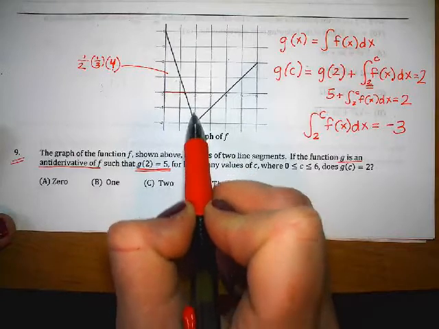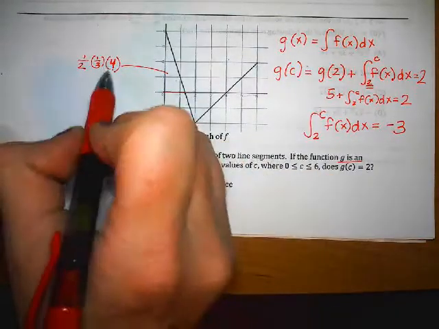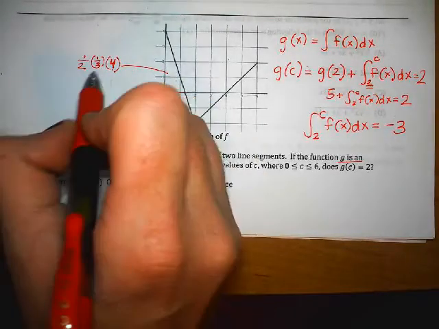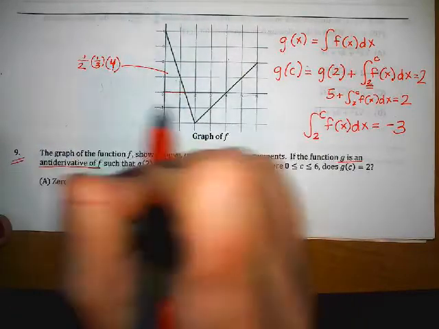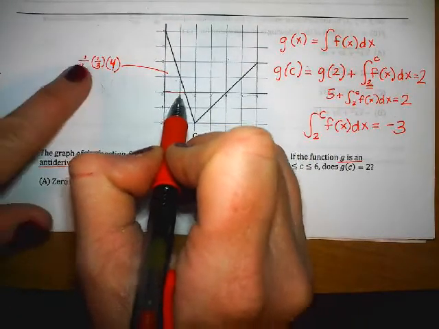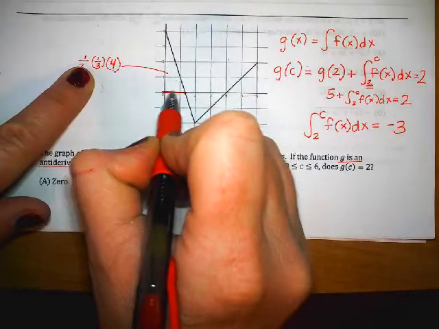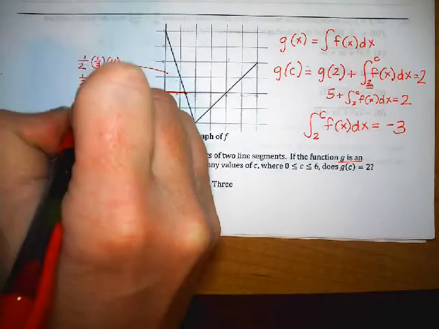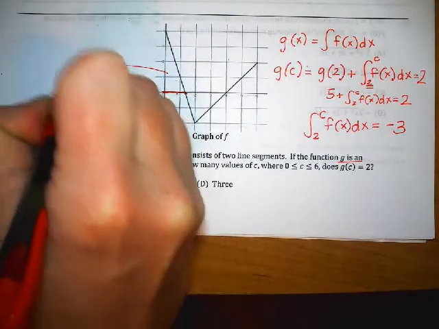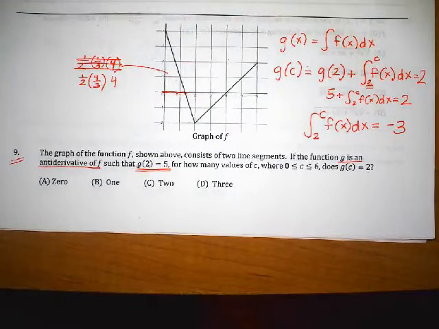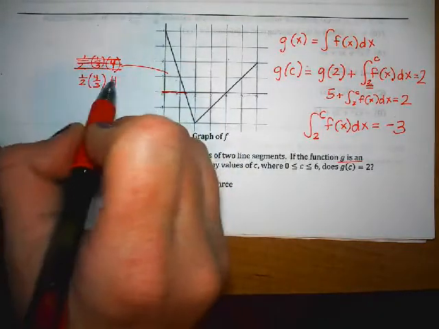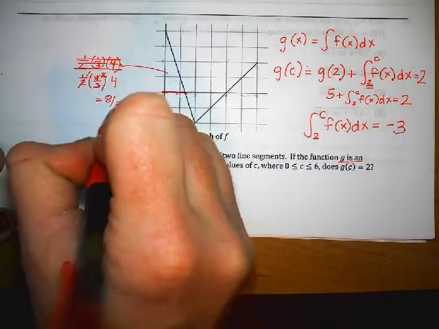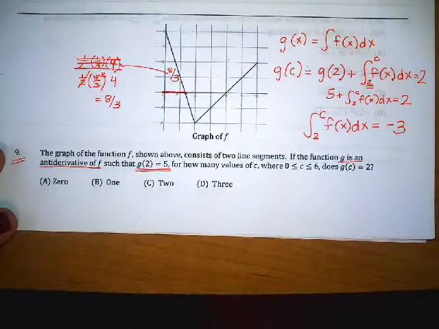And if I moved over another third, I'd go down 1. Let me rephrase this. This base is 1 1/3. This little piece is 1/3. So let me rewrite that: 1 1/3 is 4/3. Sorry, I'm not going to restart the video. So if I were to simplify this right here, 1/2 of 4 is 2, and I end up with 8/3. So my area up top here is 8/3.